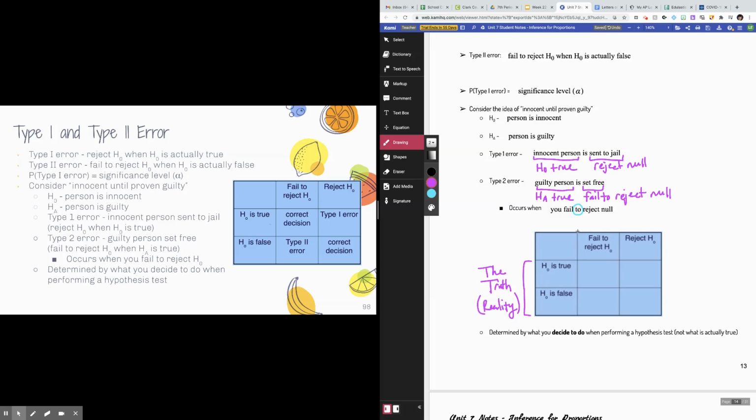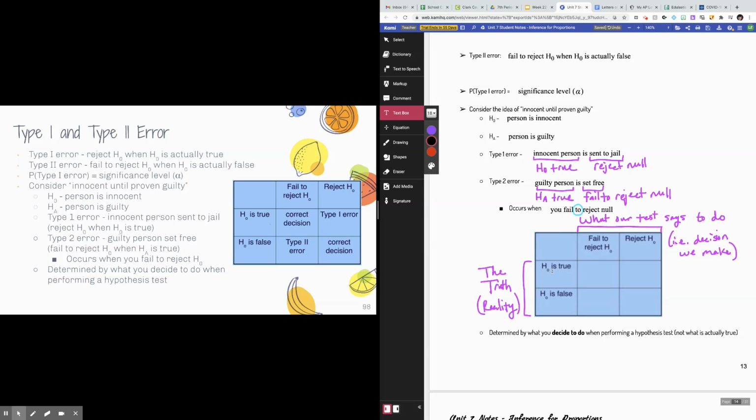And this here is what our test says to do, i.e., it's the decision we make.